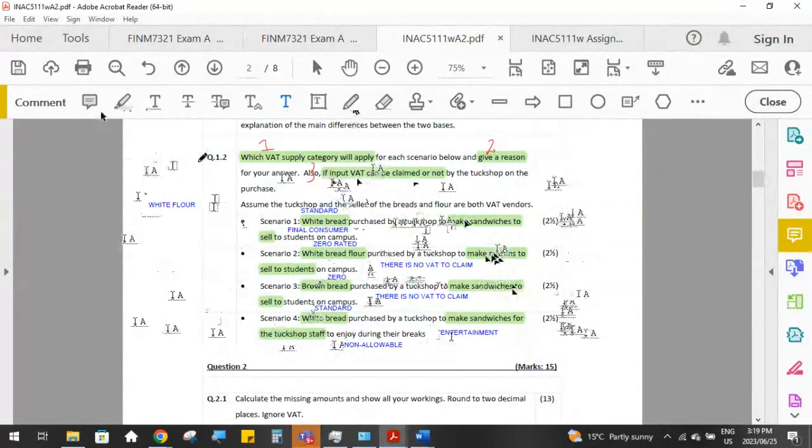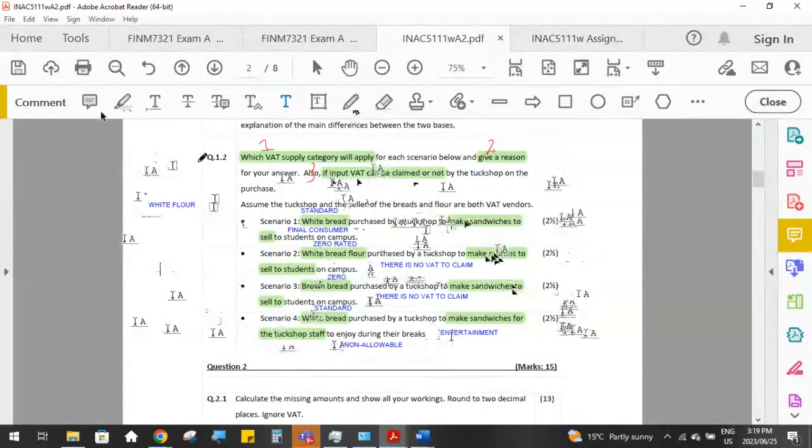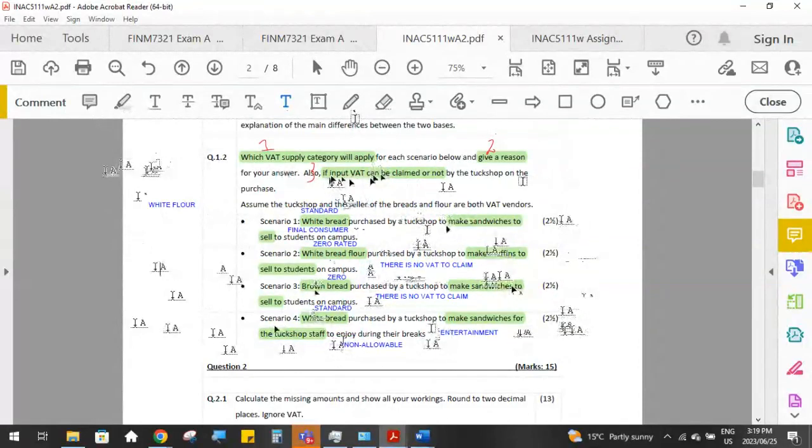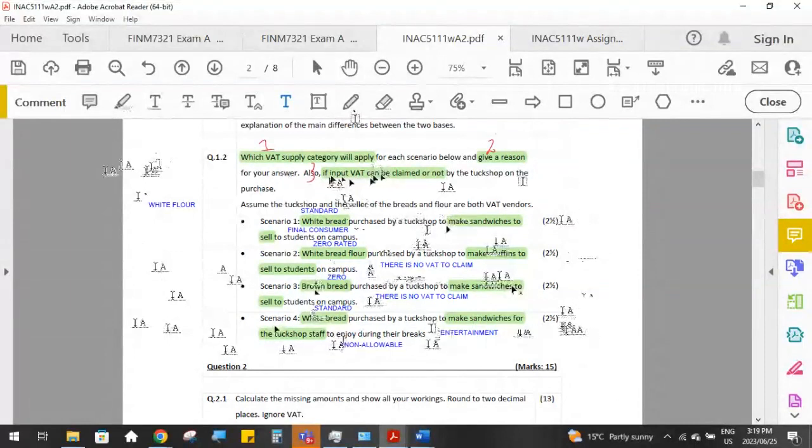So guys, that is out and out cheating. It is plagiarism. Apart from the fact that you've got someone else to do your work for you, those students also did not use any referencing to state that they had got those answers off the internet. I did make notes on those students' papers, and there were some others as well that I suspected used AI, and I'm sure there were others.